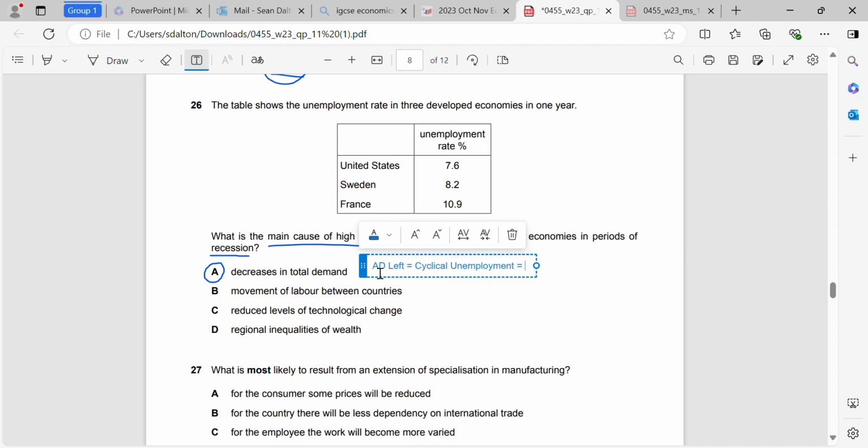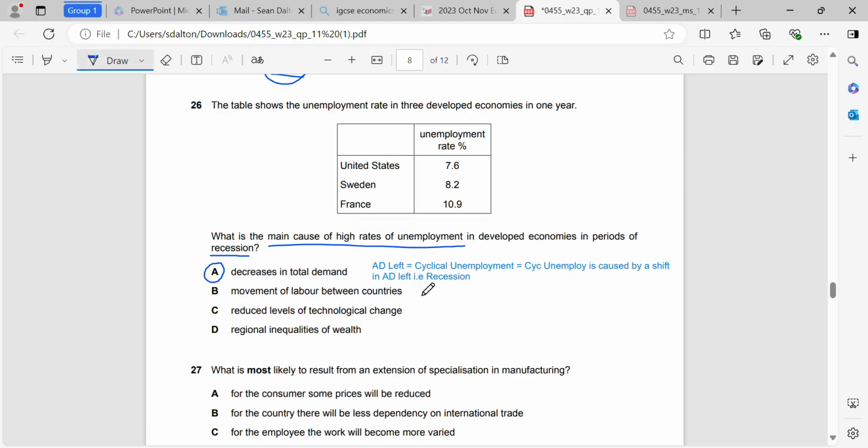Our key is that we know cyclical unemployment is caused by a shift or a decrease in AD to the left, in other words a recession, which is in the question. So if we know the causes of the different types of unemployment, we would know that cyclical is caused by a recession, therefore decreases in total demand will be something that would cause that.